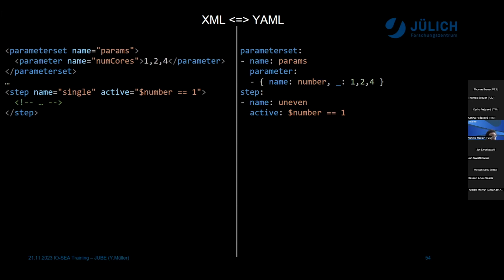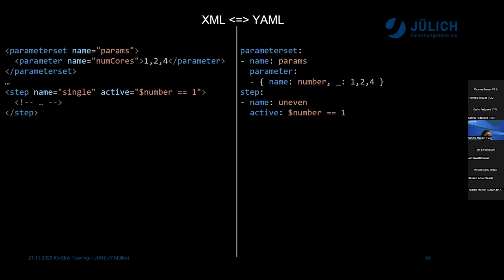So here's the active clause shown. The active clause is an attribute that you can put into tags, but here it's in the step tag. It can be put into multiple different tags. I don't have a complete number in my head.